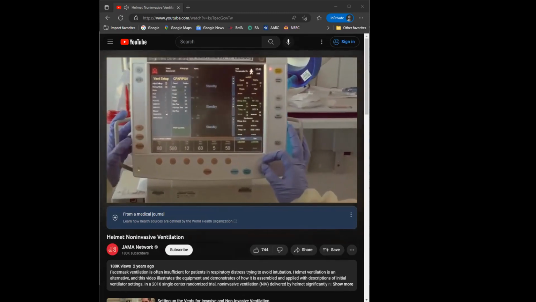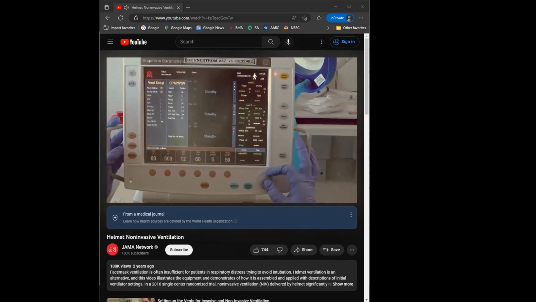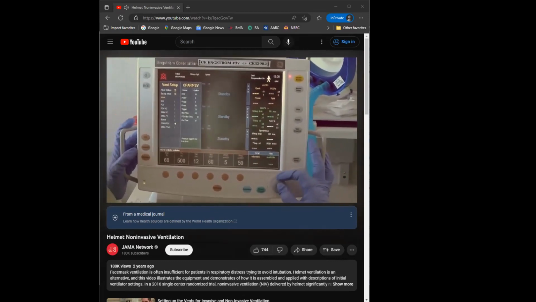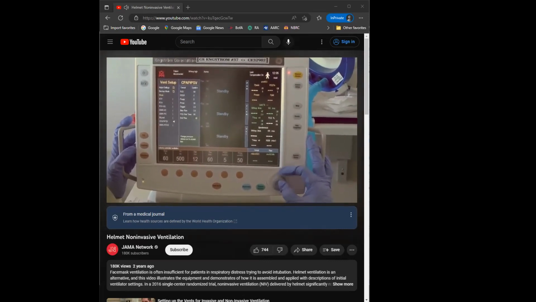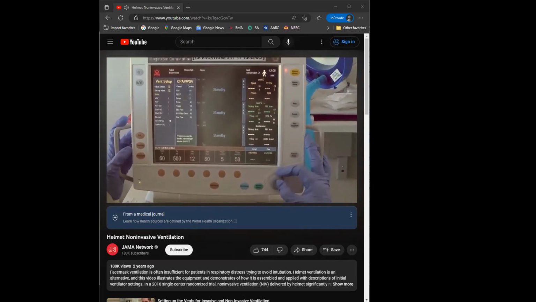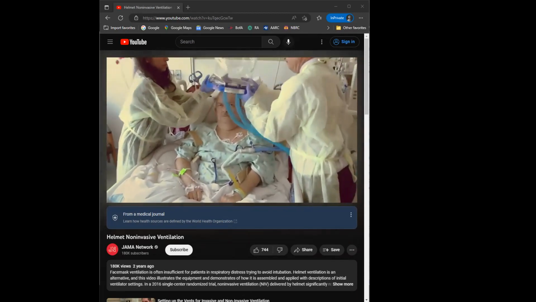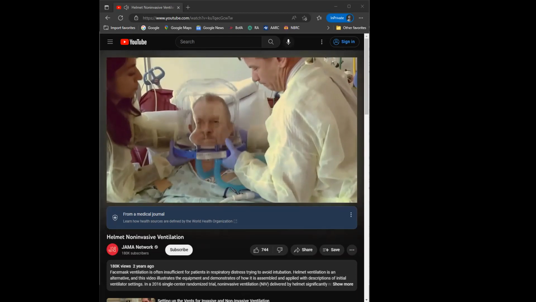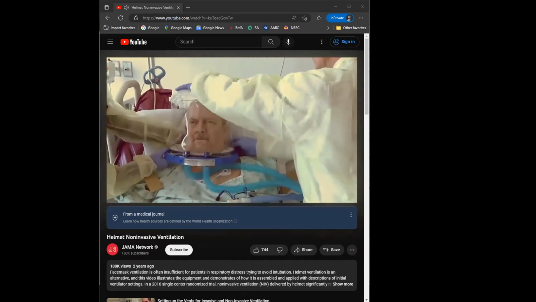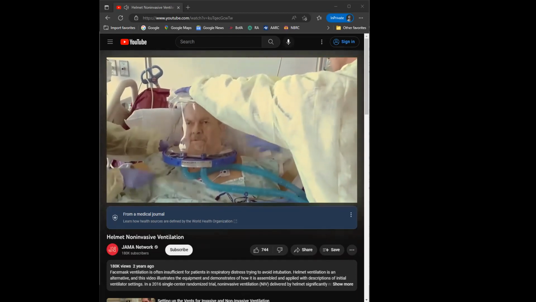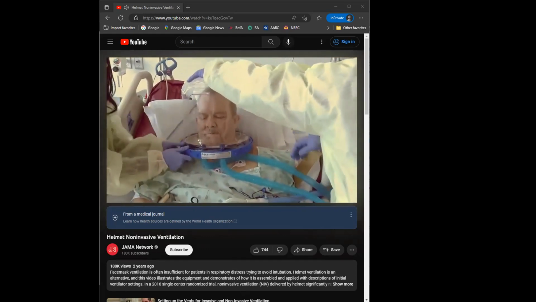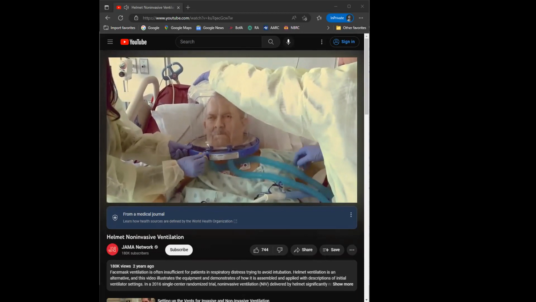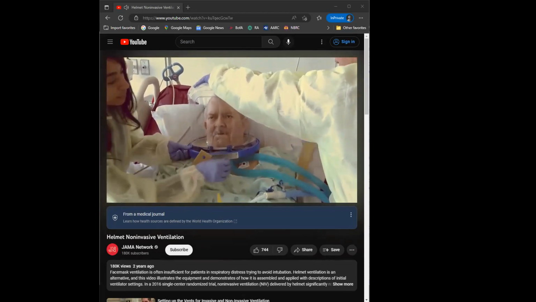Set the ventilator to pressure support mode. To improve patient ventilator synchrony, adjust the rise time to 50 milliseconds and change the end flow to 50%. Stretch the rubber collar of the helmet and place over the patient's head. Once the helmet is fully inflated, attach felt arm straps to the front and back of the helmet. This secures the helmet's position on the patient's head.